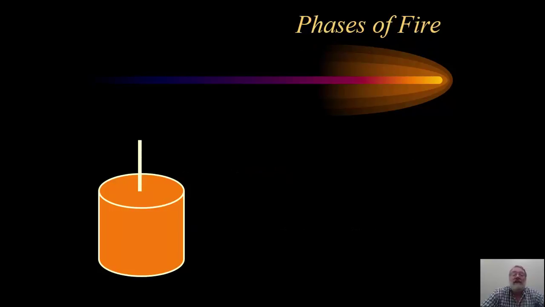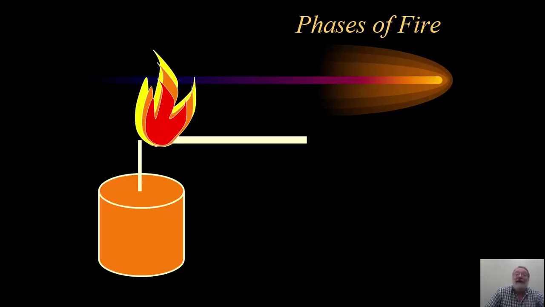Let's look at this in very simplistic PowerPoint diagrams. Here's a candle made out of paraffin wax. If we're going to burn it, we're going to bring a match up. We light it on fire. You can see why art wasn't my major.